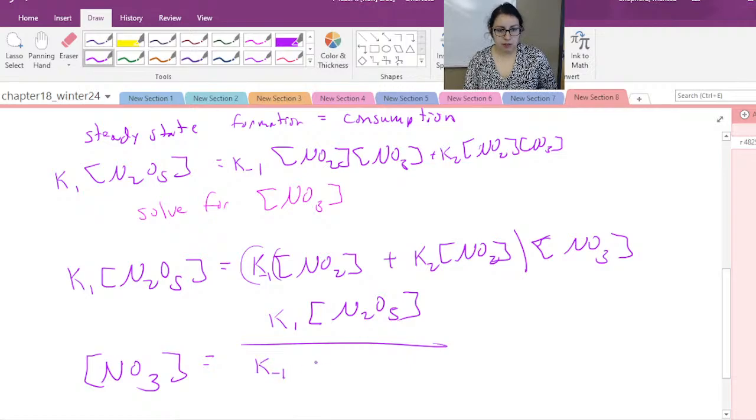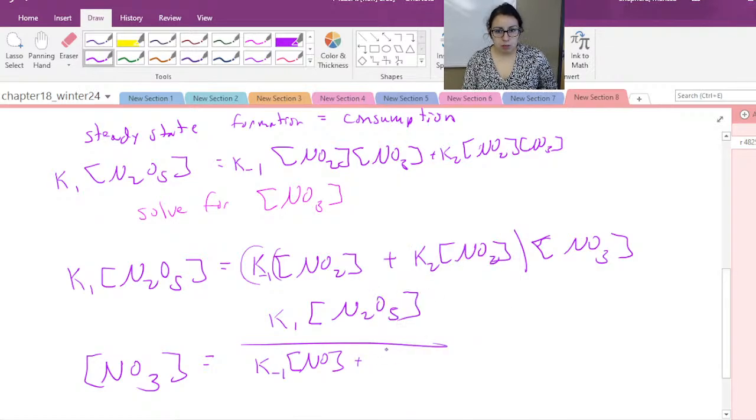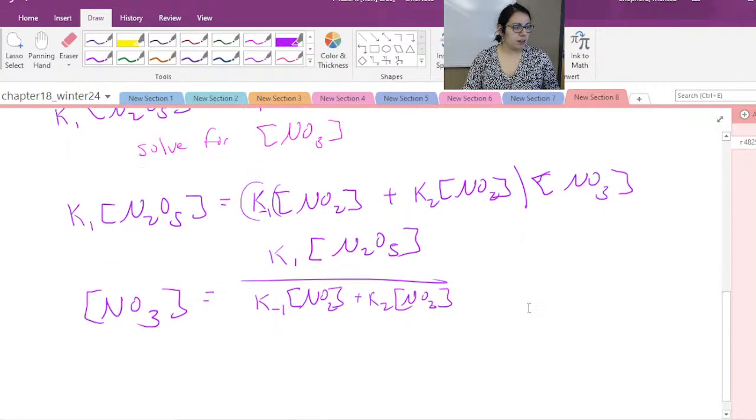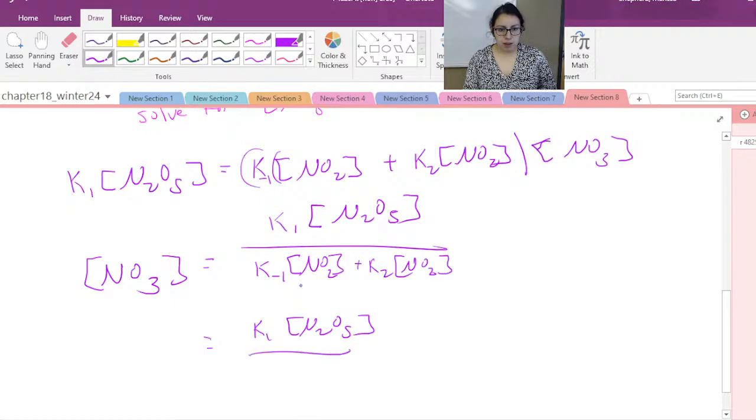K negative 1 times NO2 plus K2 NO2. We can simplify this further by pulling out NO2, so K negative 1 plus K2 times our concentration of NO2.